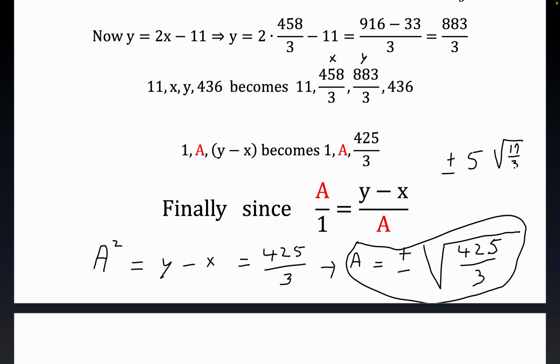And then you can in turn rationalize this. I think I did the arithmetic correctly right there. 16 times 25 is 400. 17 times 25 is 425. All right, so I took the square root of 25 and brought it out here.